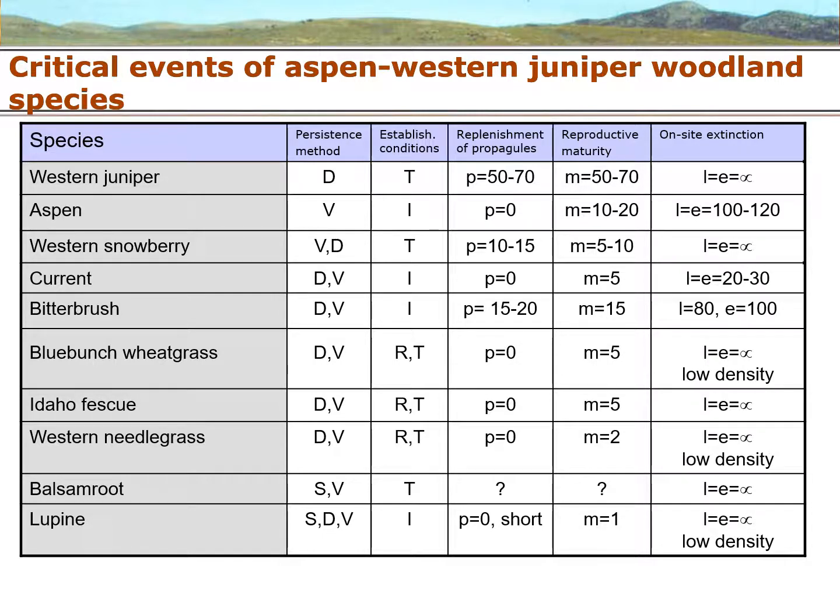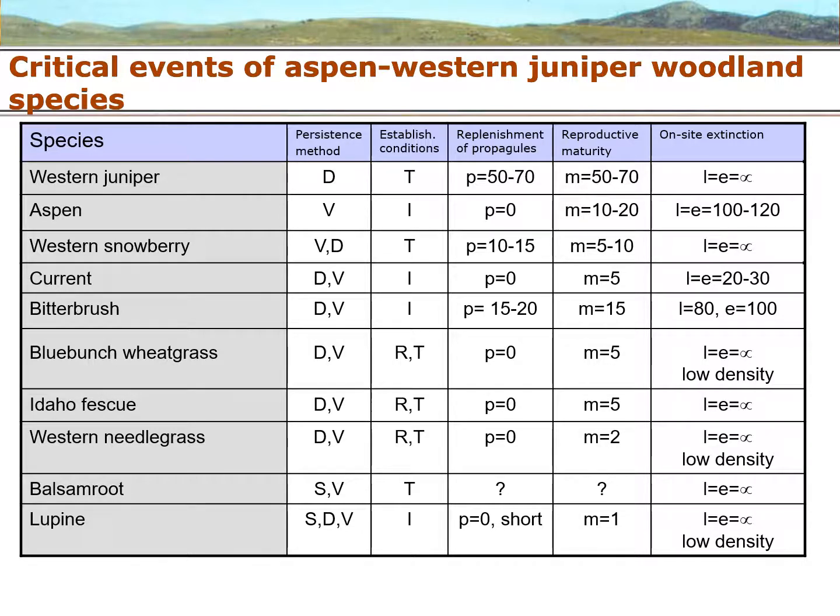Aspen, persistent method is vegetative reproduction mostly. It can reproduce via seed as well, if the conditions are correct in the dry, semi-arid mountains. Establishment condition is intolerant. It really needs, at least if it's seral to conifer, fire to establish.